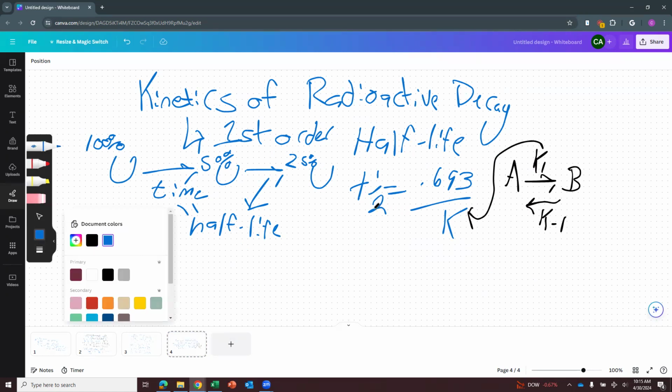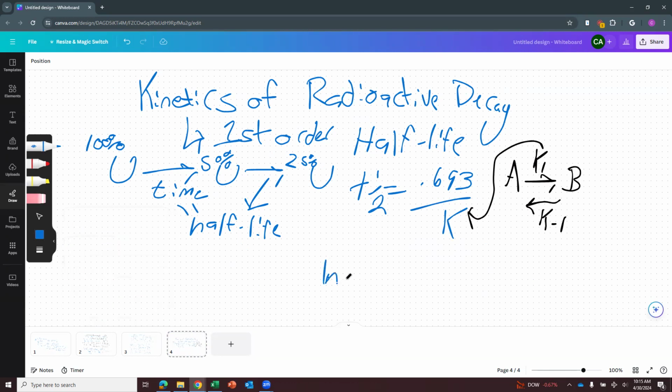So if we know the half-life time, we can find K. If we know K, I can find the half-life time. And then we can take this equation and have another equation with it. So the equation I just wrote down: natural log of Nt divided by N0 equals minus Kt.